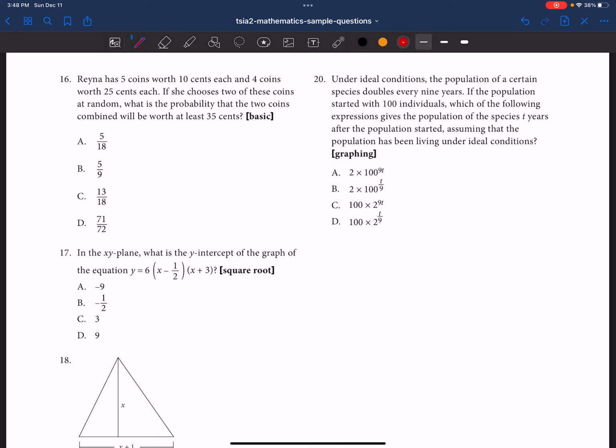Wait, Mr. Spake, how do you do this? She chooses 2 coins at random. It's not a 4th plus a 5th, is it? I feel like I'm blinking.